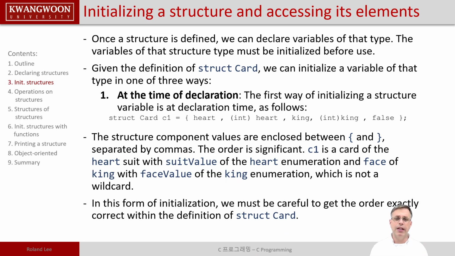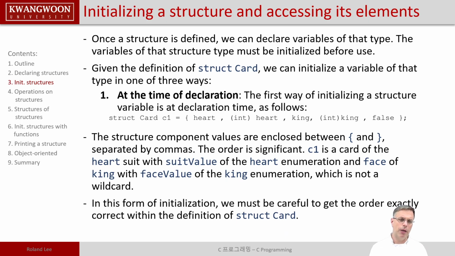The order is significant, and c1 is a card of the heart suit with the suit value of the heart enumeration, and face of king with the face value of the king enumeration, which is not a wild card.